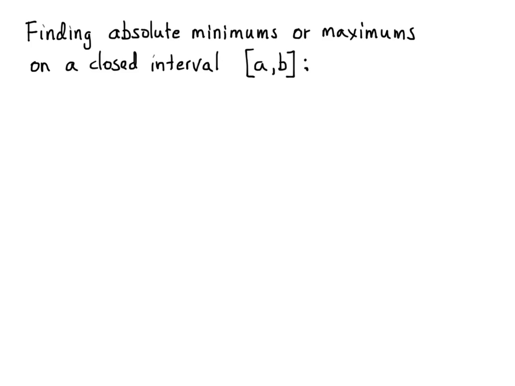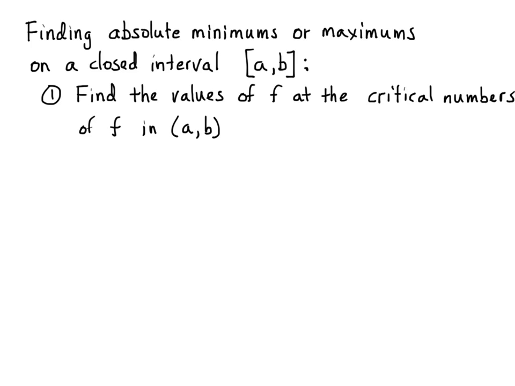Okay, so let's actually find these absolute minimums and maximums that exist on a closed interval a to b. Number one, we have to find the values of the function at the critical numbers. The way we find the critical numbers is we take the derivative of our function, set it to 0 and solve for x, or see what the domain is to see if we have any exclusions between a and b.